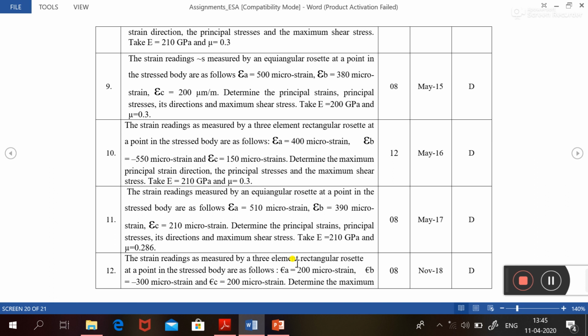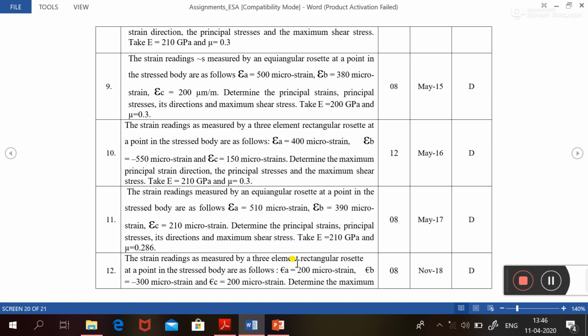Once these three values, epsilon x, epsilon y and gamma xy, are calculated, by using them I can calculate the required parameters which they have asked: principal strains epsilon 1, epsilon 2, principal stresses sigma 1, sigma 2, principal strain directions phi 1 and phi 2, maximum shear strain gamma max, and the last parameter tau max, which is called the maximum shear stress.